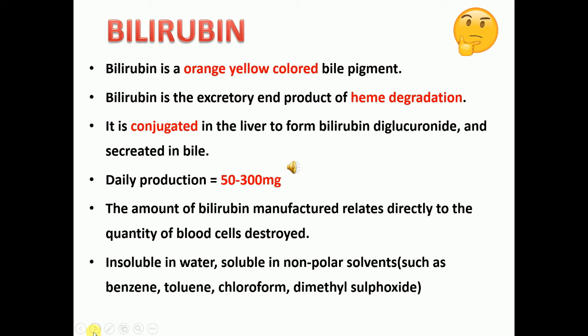I know you will not be understanding this right now, but in the coming slides it will be clear to you. Bilirubin is insoluble in water, but it is soluble in non-polar solvents such as benzene, toluene, chloroform and dimethyl sulfoxide.